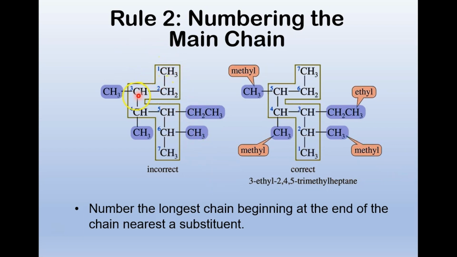Here our first methyl comes at the number 3 carbon, but if we go this way, we get a substituent at the number 2 carbon. So now this thing is properly named 3-ethyl-2,4,5-trimethylheptane. Number the longest chain beginning at the end of the chain that gives you the closest substituent.